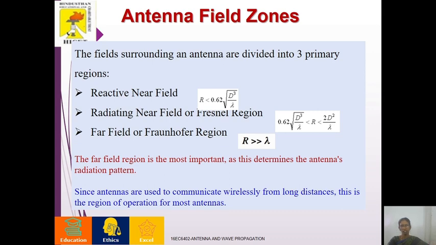So, as most of the antenna applications are related to long distance wireless, far field observations are of more importance. So, far field region is taken to understand or to find out how the antenna radiation exists at several kilometers away from where the antenna is placed.